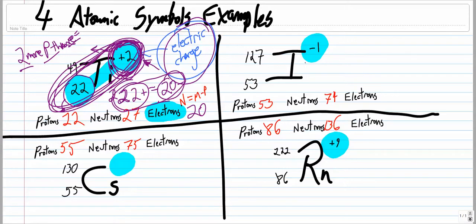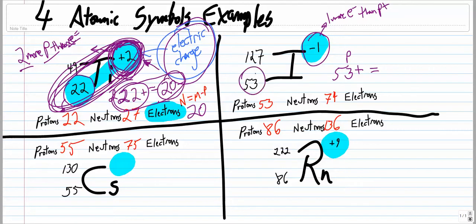So let's jump over to this next one here, this iodine atom. We've got 53 pluses, or 53 protons. Look at this -1 here. What's going on there? Well, that -1 means we've got one more electron than proton, because electrons are negative and protons are positive.